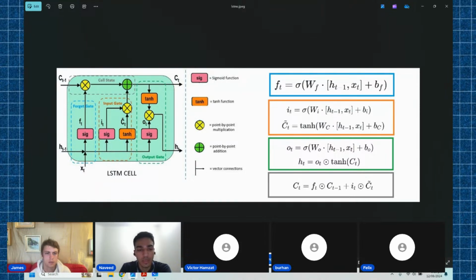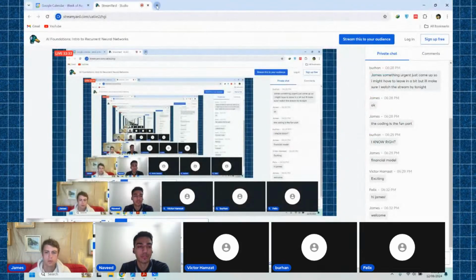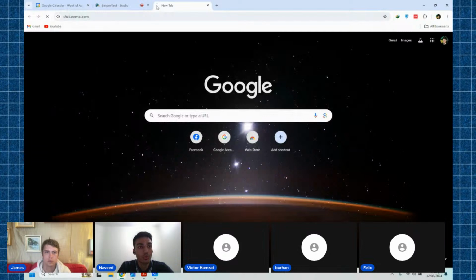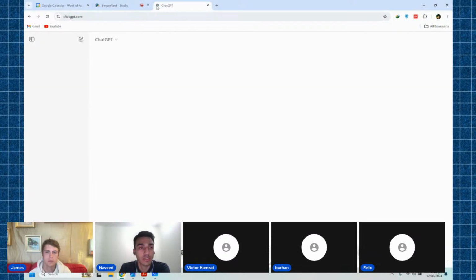Now, in different places, people have explained each of them according to their own examples. But what I preferred was to ask ChatGPT for a simple explanation. I'll quickly show you what each of those gates are doing.